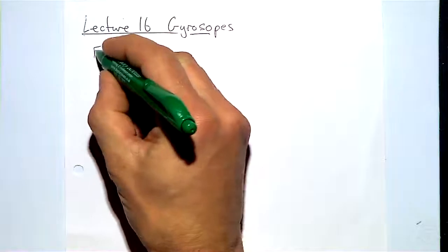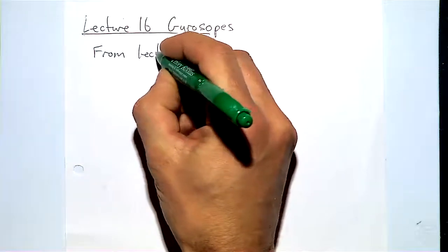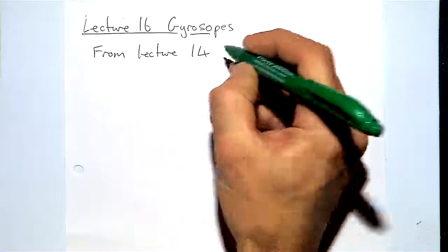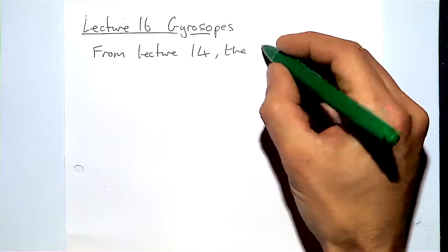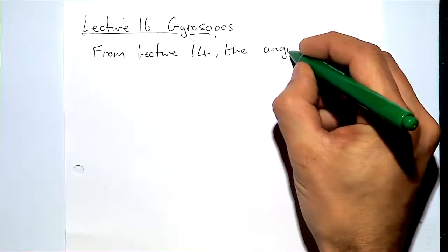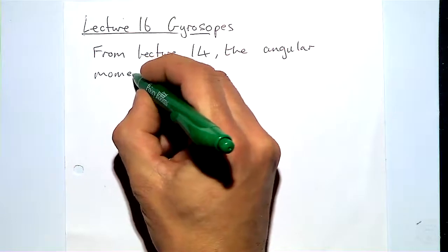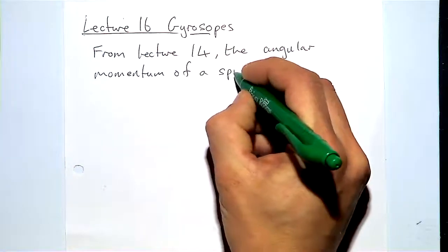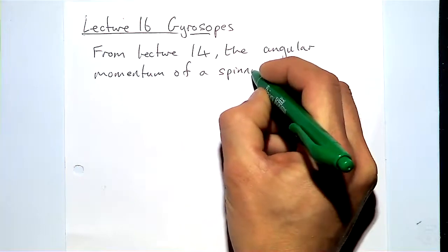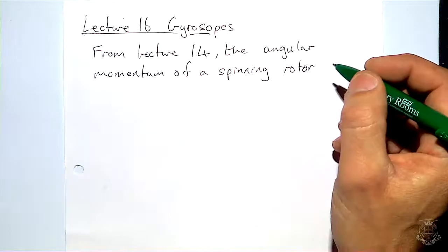From lecture 14, the angular momentum of a spinning rotor we can do in two forms.